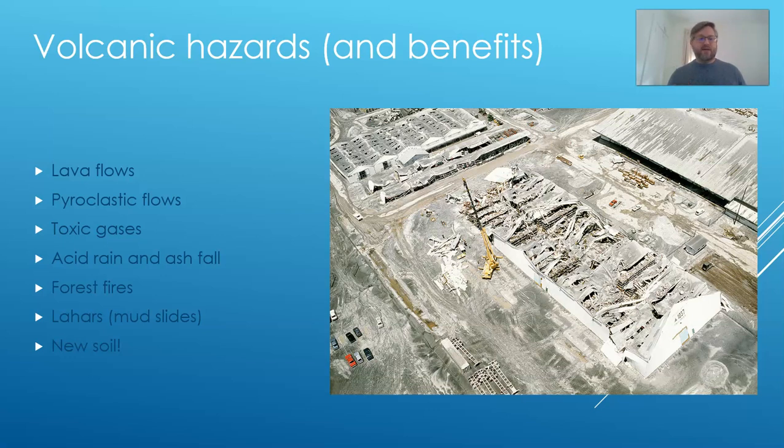You also get what are called lahars, and these are mudslides triggered by volcanoes. And so there's kind of two ways this can happen. One is if you have a lot of snow and ice in the area where the volcano is erupting. Some of our volcanoes are in tropical areas, but if they're big enough, there may still be snow and ice on top of the volcano itself.